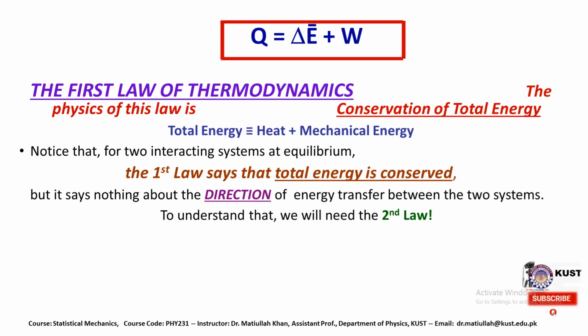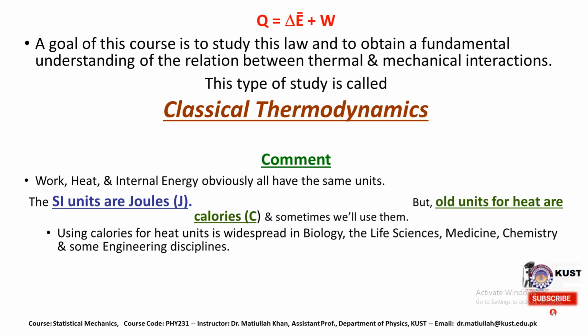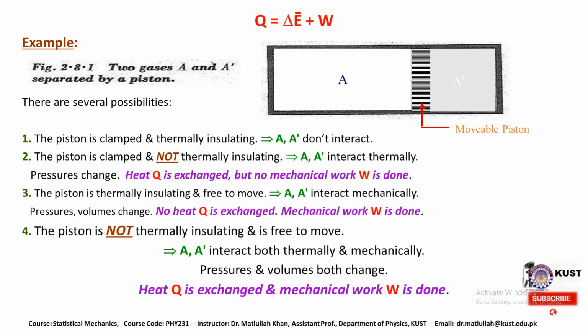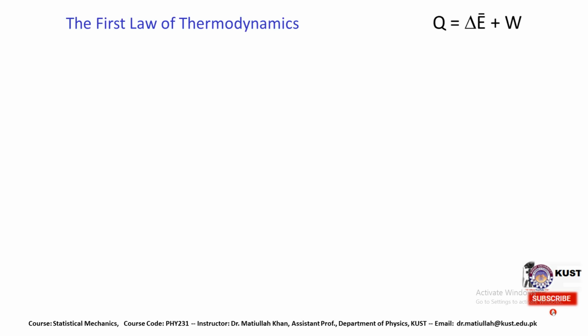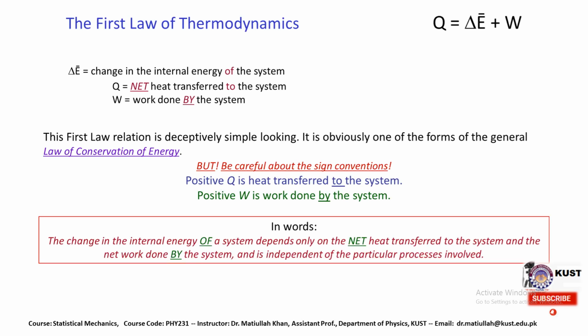So if we are looking at the direction of energy, we need to understand the second law of thermodynamics, which is fundamental to classical thermodynamics. We need it to investigate in which direction heat will flow and move.